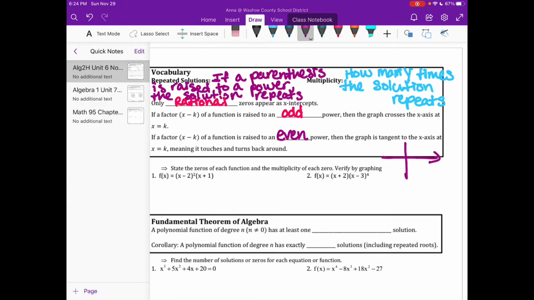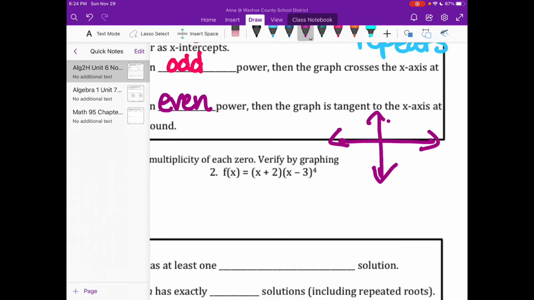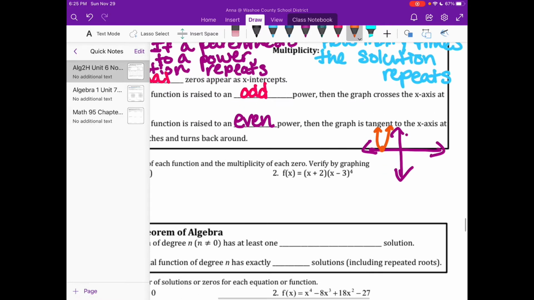So let's say I had a parabola that looks like this, and it touches the x-axis and then goes up. This 0 right here is repeated, so it has a multiplicity. You're only going to see 1 zero, and we're used to solving these, but all it does is it touches and goes right back up.